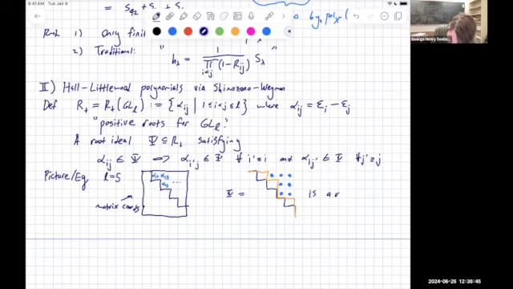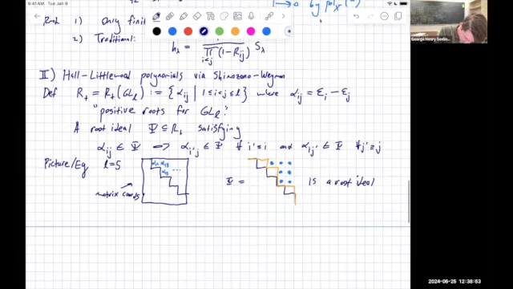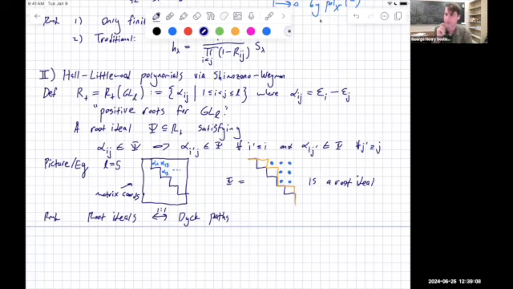So this is a root ideal. Okay. And so in general, root ideals in our case for GL_L are in one-to-one correspondence with Dyck paths.